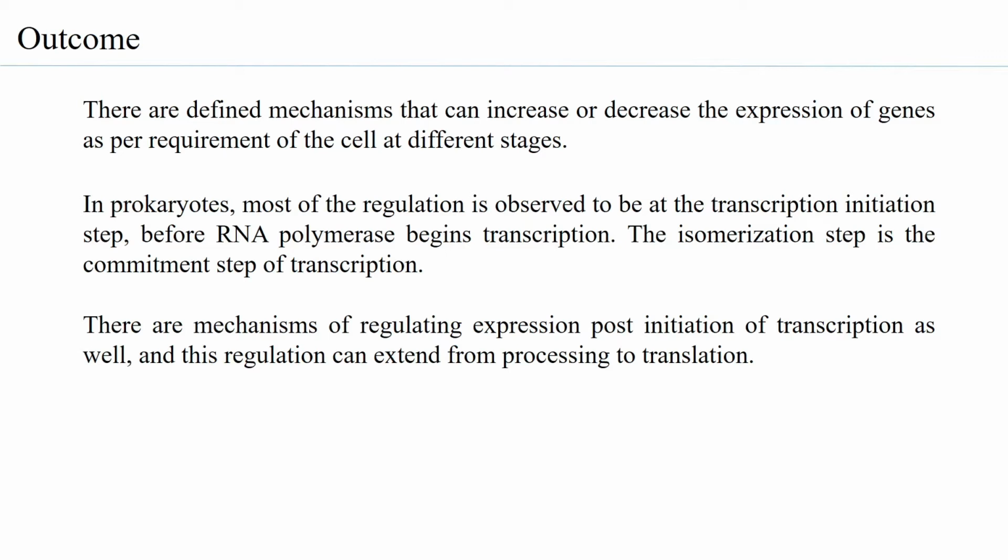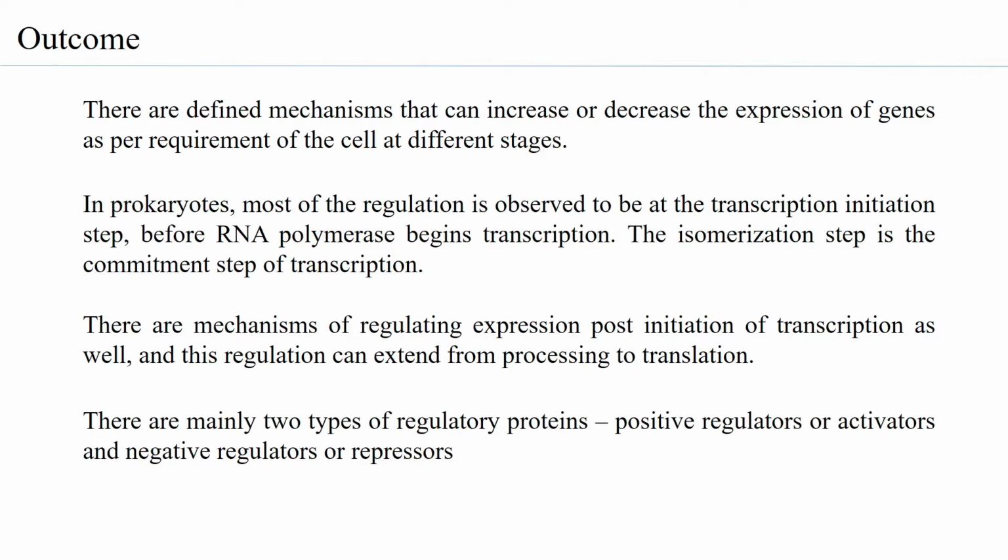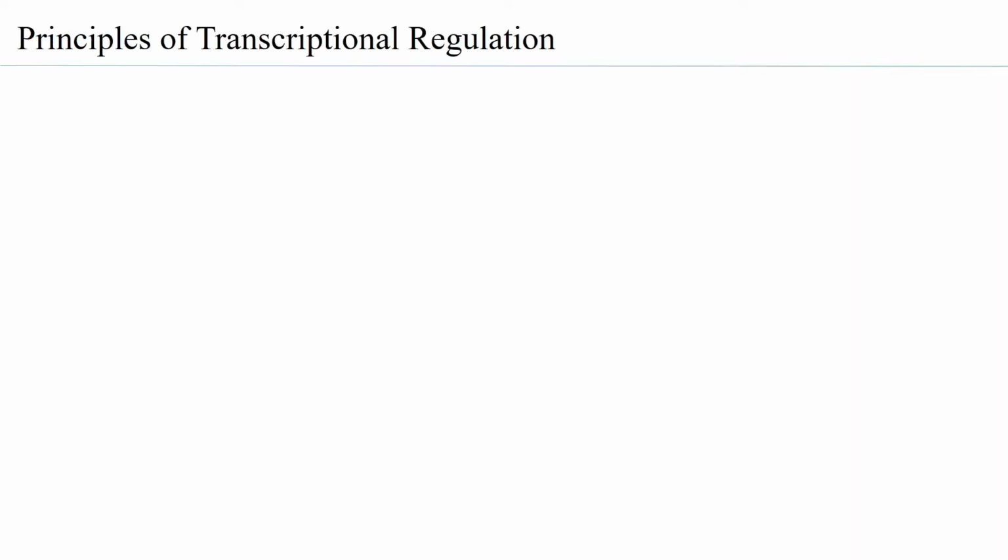So it can take place post initiation as well, and to a great extent, especially in the eukaryotic systems, it has been observed that control extends right till the post-translation mechanism included. There are mainly two types of regulatory proteins, which are positive regulators or activators, or negative regulators or repressors. So we will look at now the principles or try to understand the principles of transcriptional regulation.